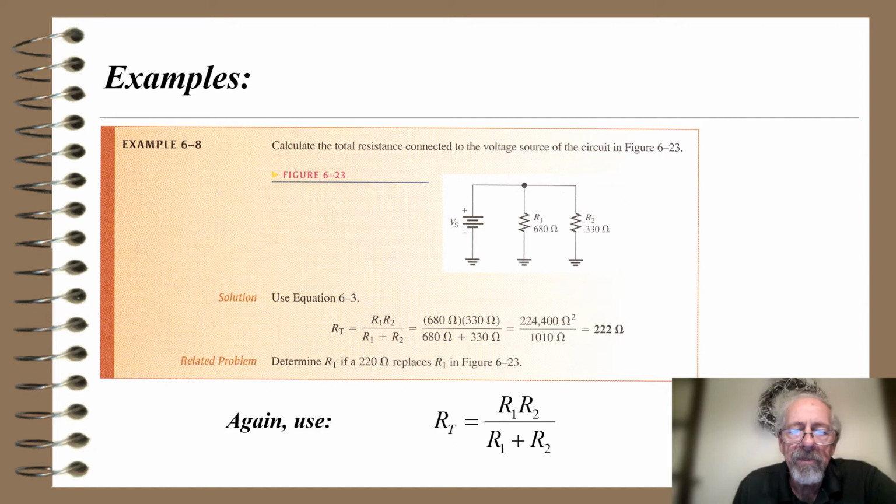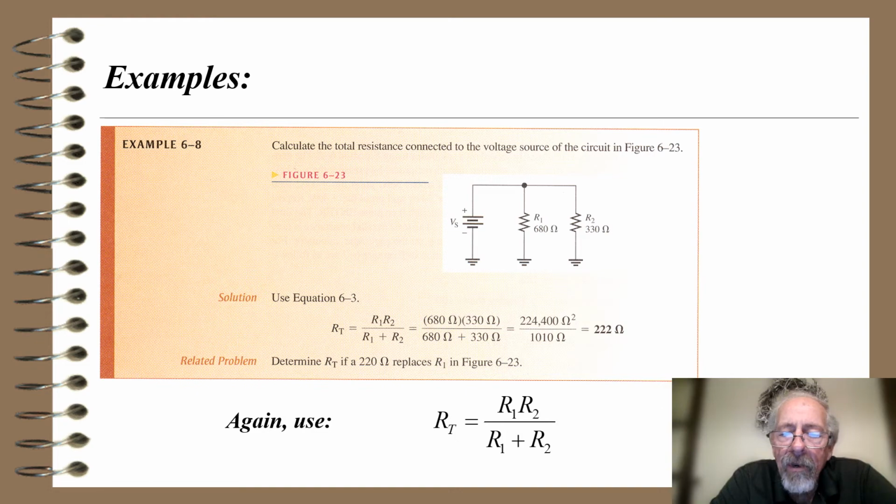So here are some examples. This example 6.8 shows a circuit, figure 6.23, a voltage source, R1 of 680 ohms and R2 of 330 ohms. Using equation 6.3, R total is R1 times R2, or 680 times 330, and that multiplies out to 224,400 ohms squared. Then the denominator is R1 plus R2, 680 ohms plus 330 ohms, which adds up to 1010 ohms.